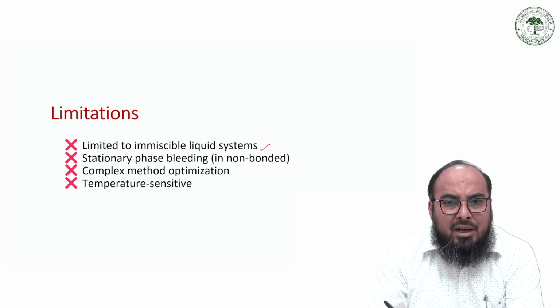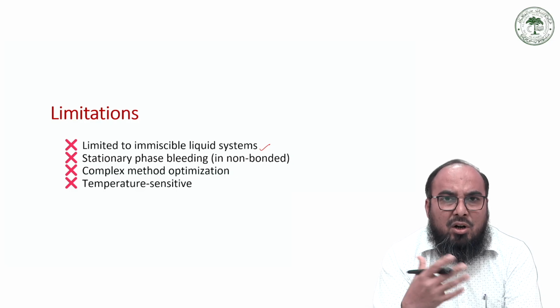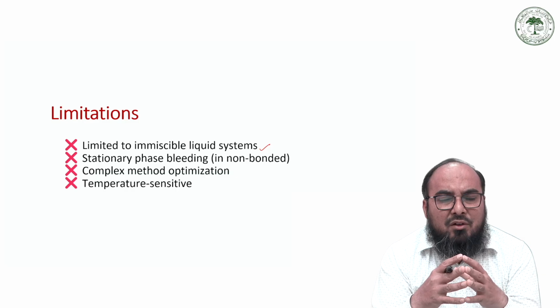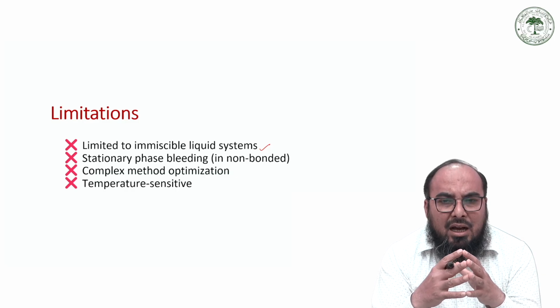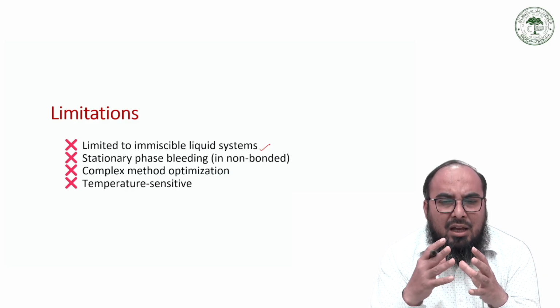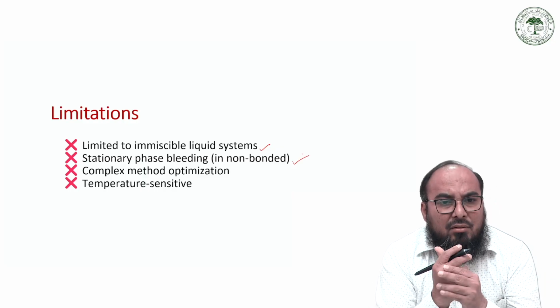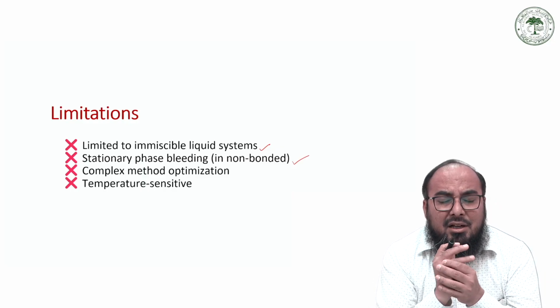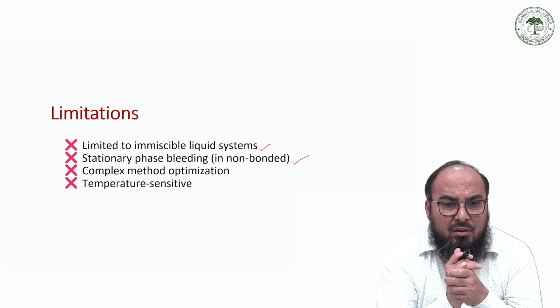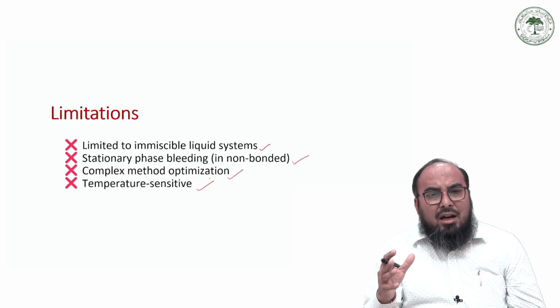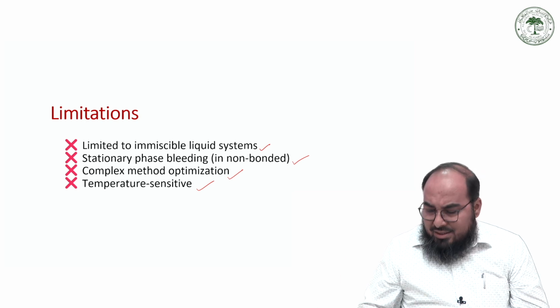The stationary phase sometimes bleeds, because of non-bonding or because of high temperature, that is, the stationary phase becomes unstable and starts eluting with the components of the sample. In certain cases optimization becomes a problem, and it is also temperature sensitive. So these are the limitations of HPLC.